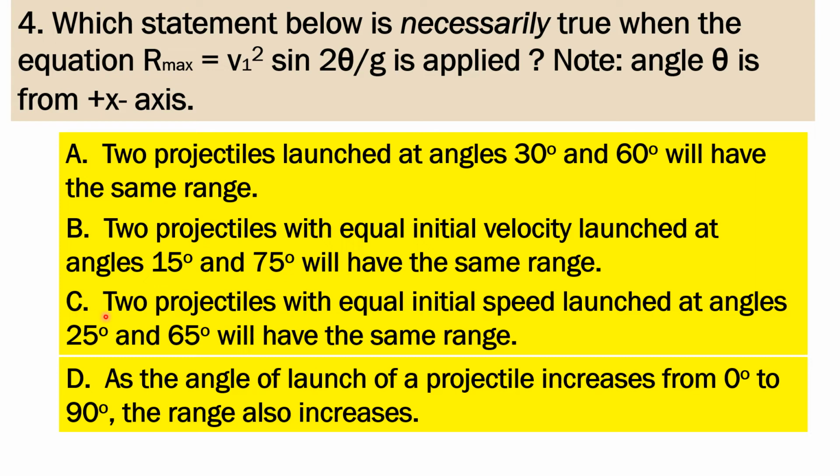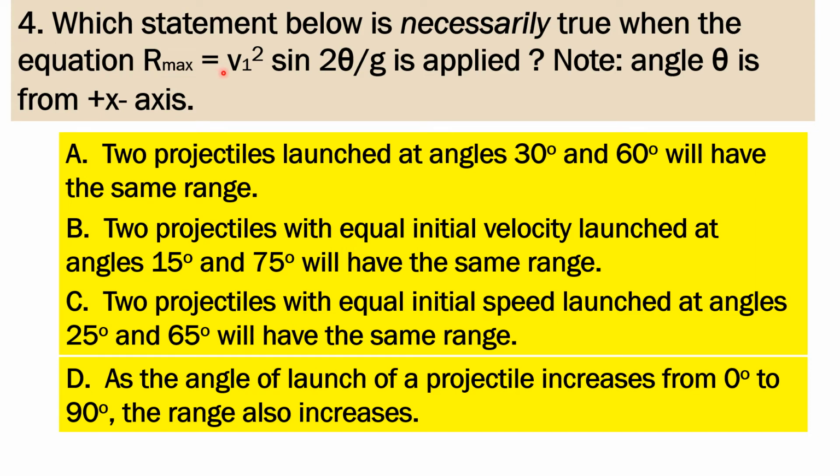Then letter C, two projectiles with equal initial speed launched at angles 25 degrees and 65 degrees will have the same range. And option D, as the angle of launch of a projectile increases from 0 degrees to 90 degrees, the range also increases.